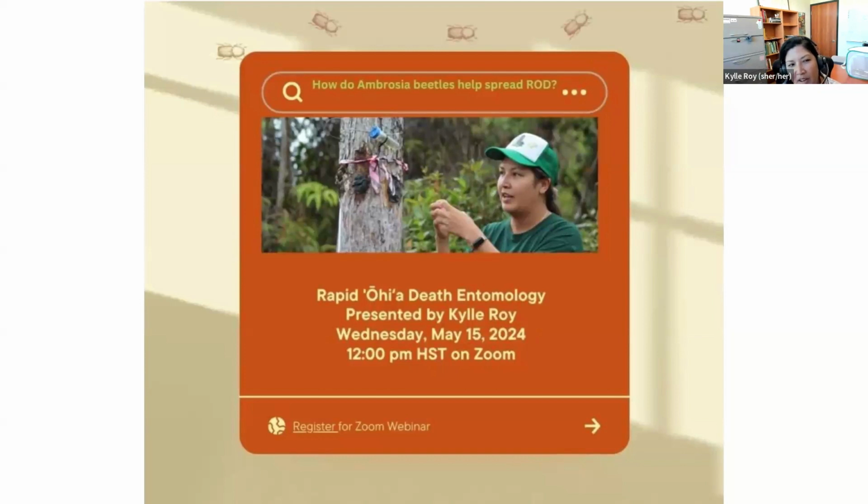So I want to acknowledge all the different people that have contributed to this work. Rapid ʻŌhiʻa death entomology in general started around 2015, 2016 by Dr. Curtis Ewing and Dr. Gordon Bennett, and I worked as a technician for them.